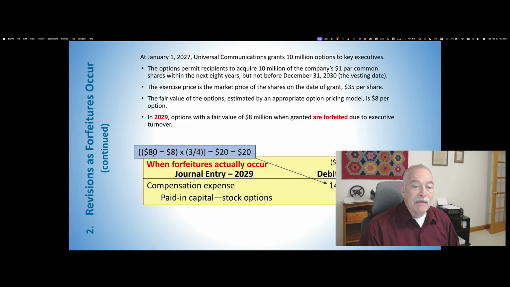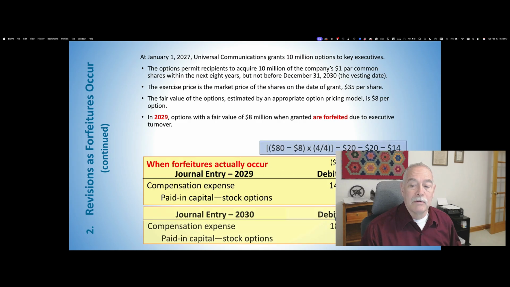So if we take 80 minus 8 is 72 times 3/4, because 3 of the 4 years have gone by, that's 54 million, minus the 20 from the first year, minus the 20 from the second year that we've already taken, which means that we need only an additional 14 million in year 3 to catch up to where we should be by the end of the third year.